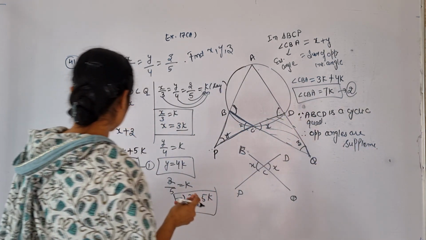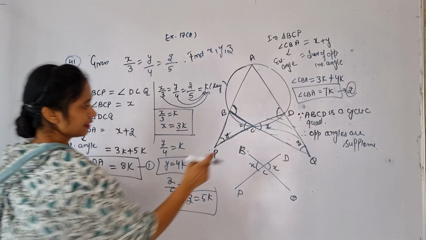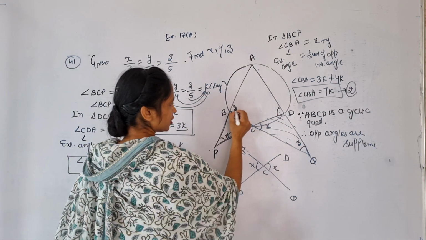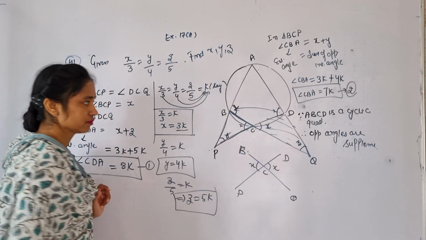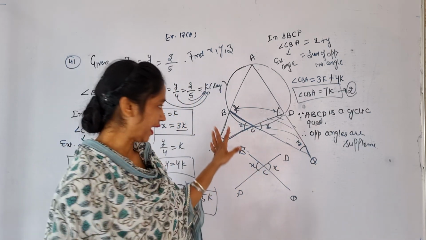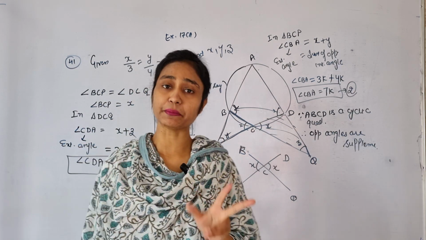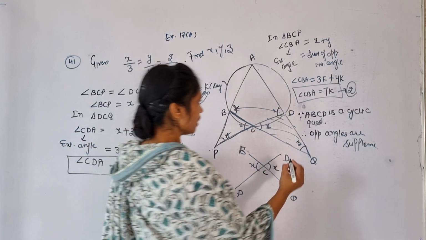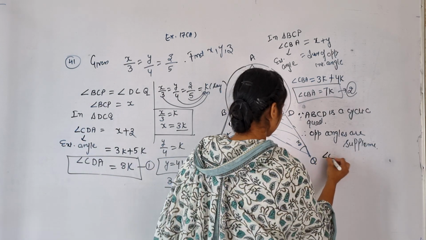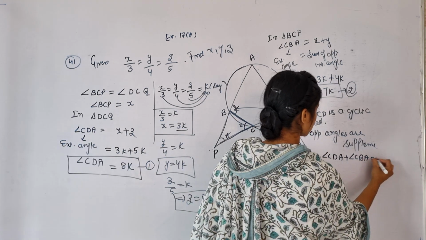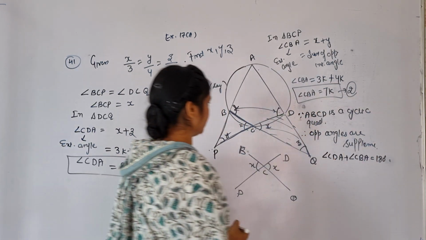You can see this CDA and CBA. These two angles are opposite angles of cyclic quadrilateral, and means these two angles are supplementary, means their sum will be equal to 180 degree. Okay, means angle CDA plus angle CBA is equal to 180 degree.